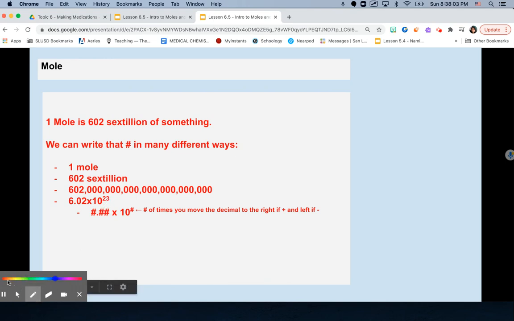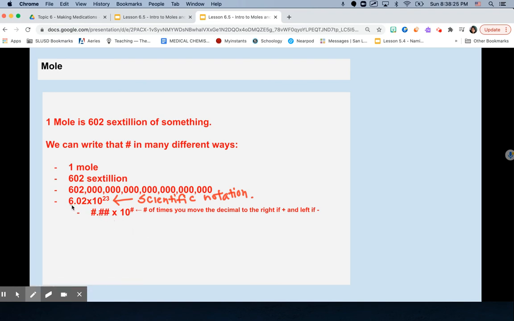In math class, if you took algebra, this is essentially when you learned scientific notation. If you haven't learned scientific notation or if you've forgotten it, it's okay. We're going to review it a little bit here.